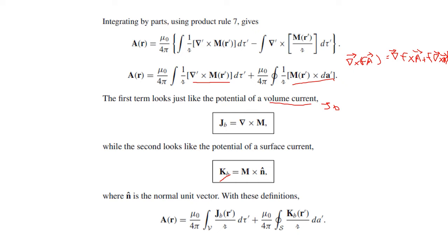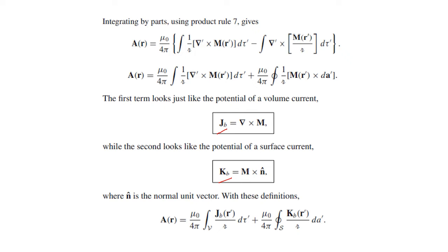With these definitions, we represent this term by JB and this term by KB. This means the potential of a magnetized object is the same as would be produced by a volume current JB and a surface current KB throughout the material.